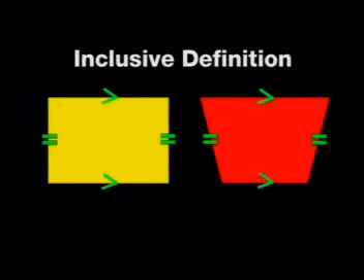As long as you have at least these properties, you can say a shape is an isosceles trapezium. A rectangle has all the properties of this trapezium, and it has extra properties as well. It doesn't matter that the parallel sides are also equal and the equal sides also parallel. So that gives us an inclusive definition that works.